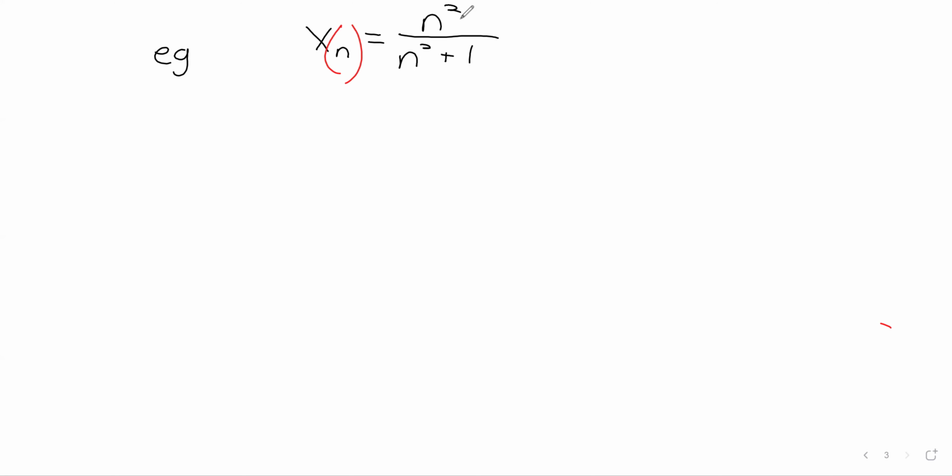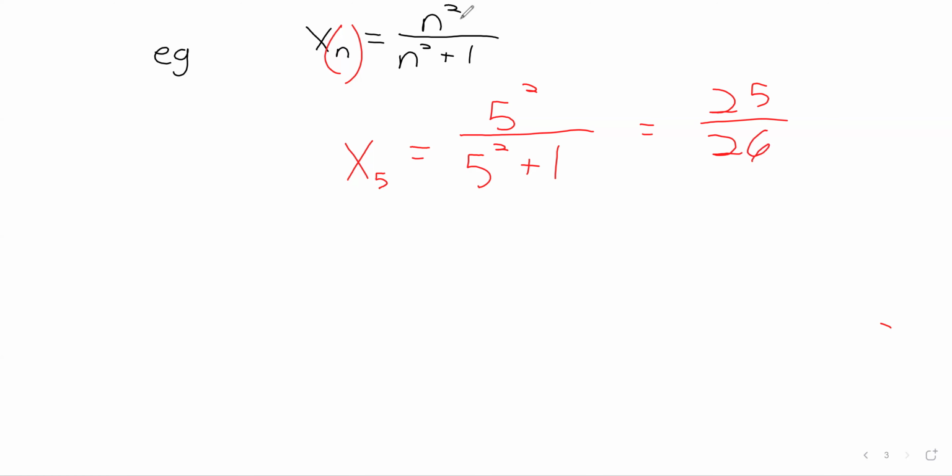And, if we have x sub 5, we go over here, and we stick 5 in everywhere n shows up. So that's another way of defining a sequence.